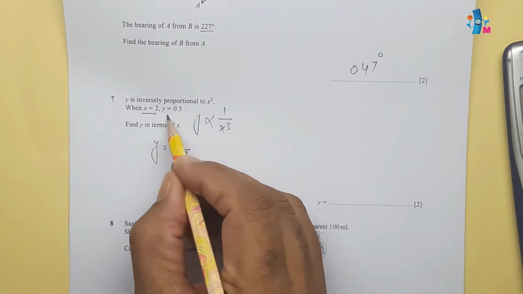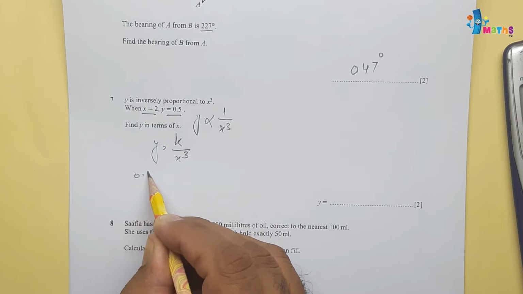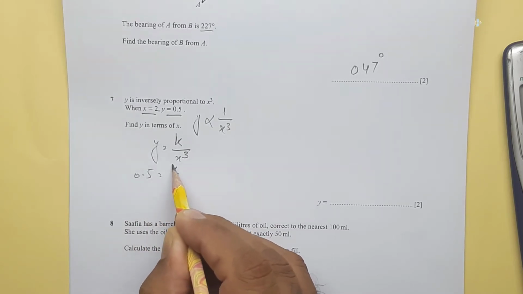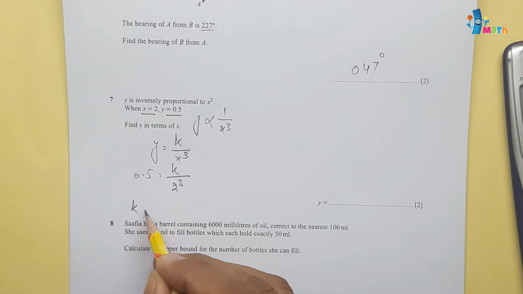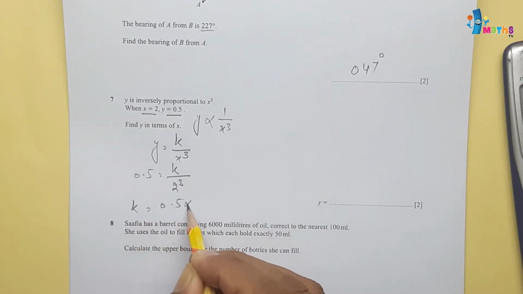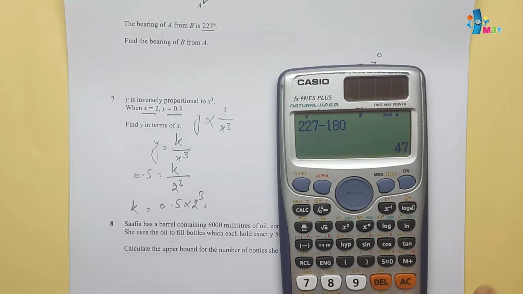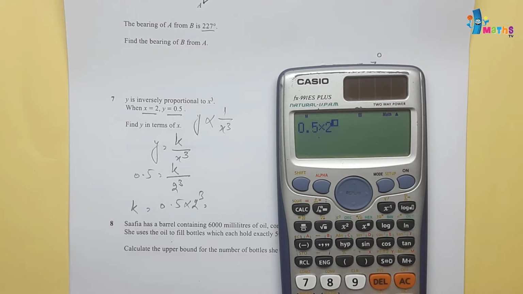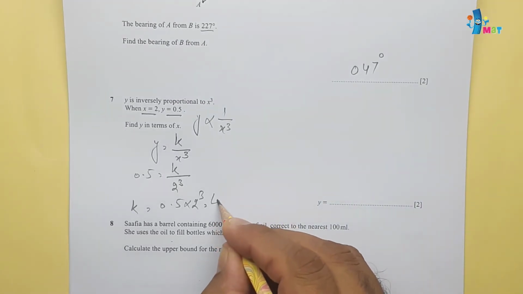Now x is equal to 2 when y is equal to 0.5. So 0.5 is equal to k over 2 cube. This will be k equal to 0.5 multiplied by 2 cube, and if we check the calculator, 0.5 times 2 raised to power 3 will be equal to 4. So we can write here 4.